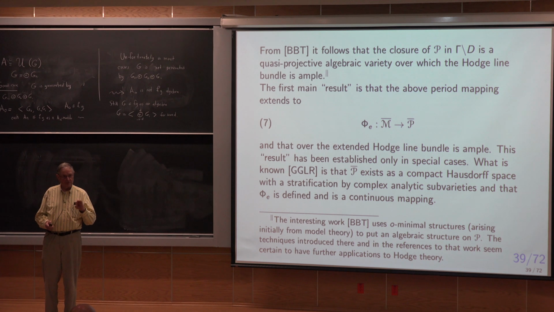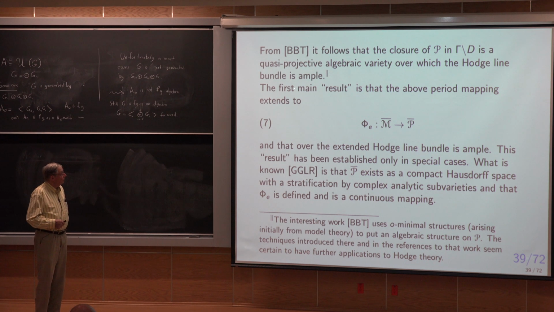They have so-called o-minimal structures, which allow them to prove, in this case, that this Hodge theoretically defined analytic object has an algebraic structure. Something quite new. It just happened within the last couple of years, and I think it should have a lot of applications to things that we have not been able to get at before. So it's known that that thing is quasi-projective.